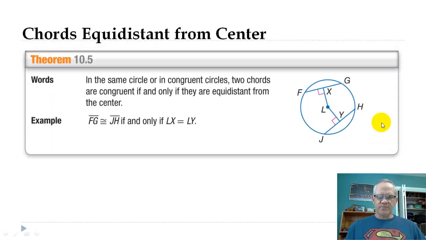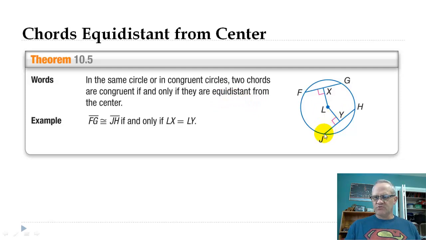Okay, the last thing then that we need to talk about today is chords that are equidistant from the center. Once again, if it's in the same circle or in two circles that are congruent, the chords are congruent if they're equidistant from the center. Equidistant means the same distance.